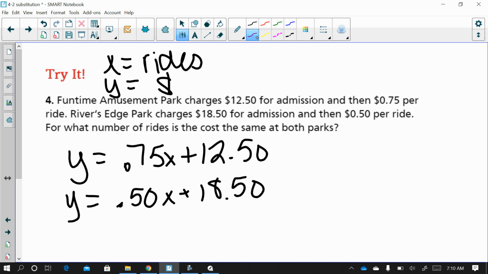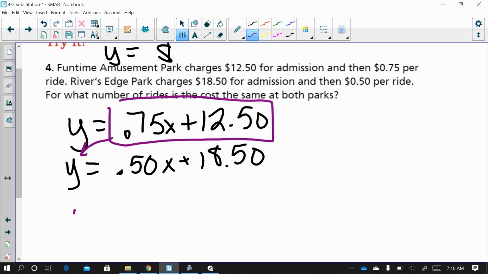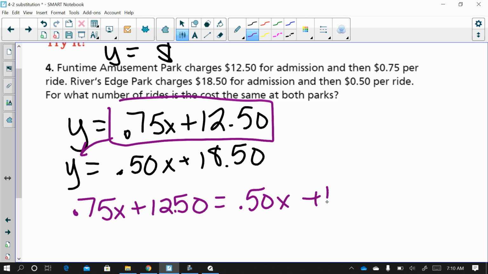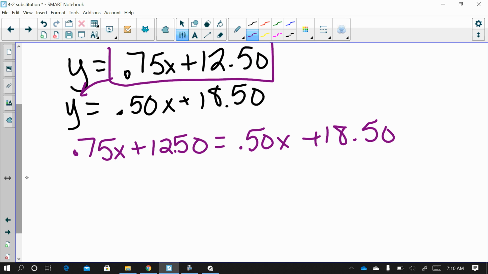Okay, now you can do substitution. Well, we know y equals both of these, so I'm just going to set them equal. 0.75x plus 12.50 equals 50 cents times x plus 18.50. Okay, we're going to get all of our x's on the same side.